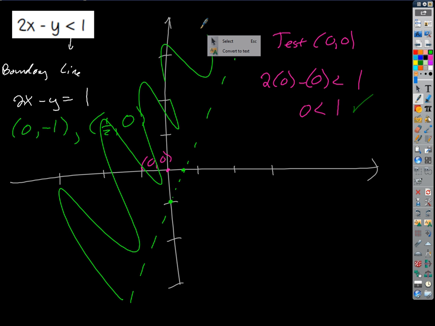Oh, it's yours? All right, grab, there you go.